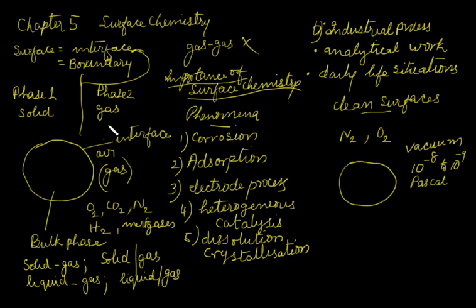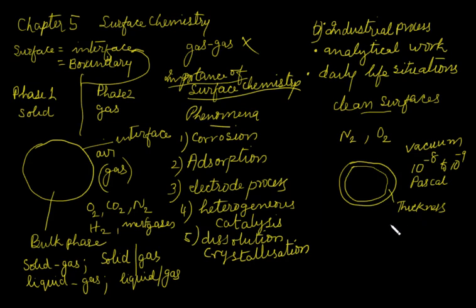Now, what is the nature of this interface? This substance is made up of large number of molecules and a few superficial layers of the substance form the interface. It constitutes the thickness of the interface. Everywhere the molecules are the same, but the superficial few layers of molecules constitute the thickness.